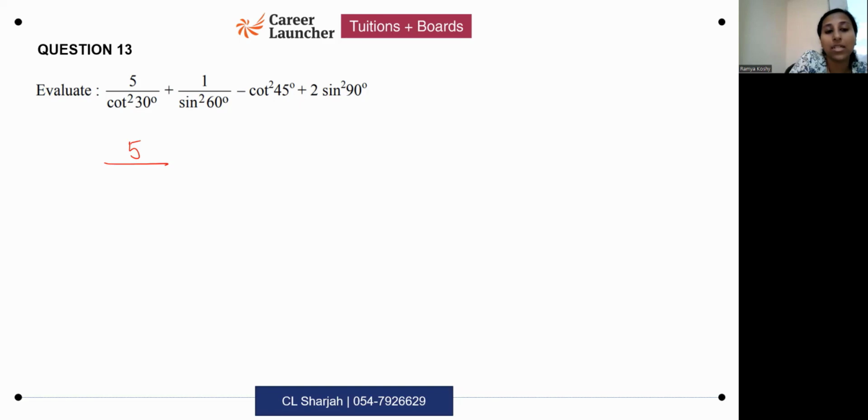So 5 by cot 30 square. What is cot 30? Root 3. Cot 30 is the same as tan 60. So root 3 square plus 1 by sine square 60. Sine 60 is root 3 by 2. Minus cot square 45, which is 1. Plus 2 sine square 90. What is sine 90? Sine 90 is 1.